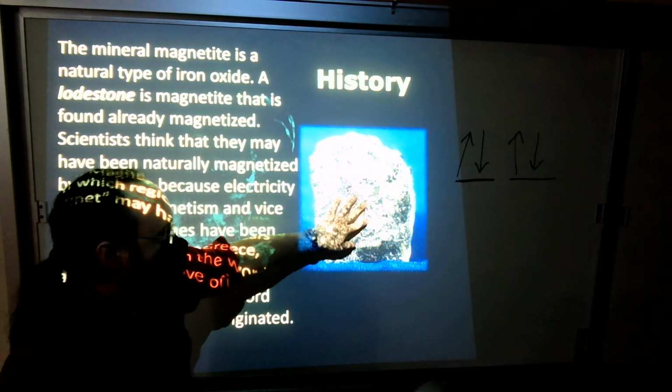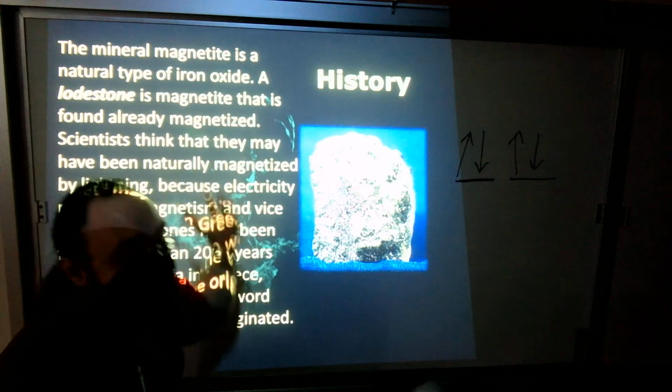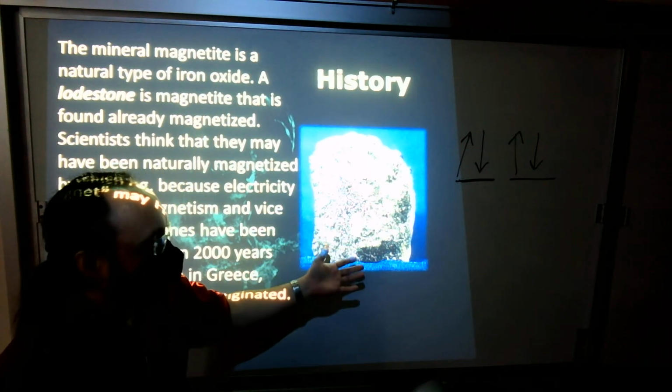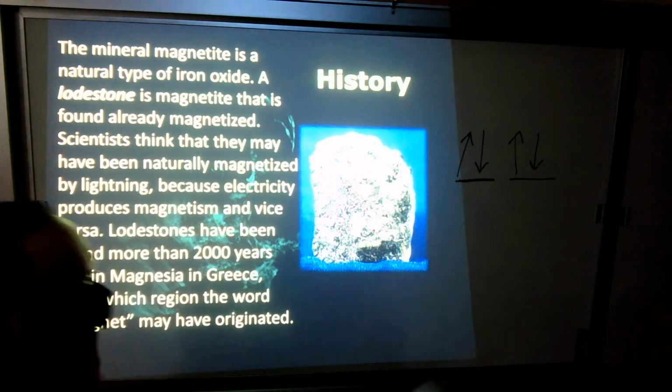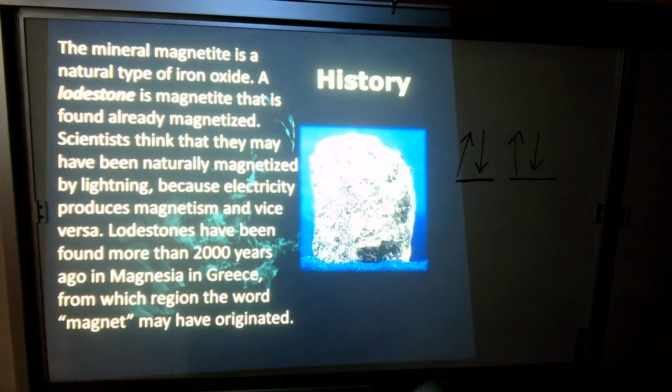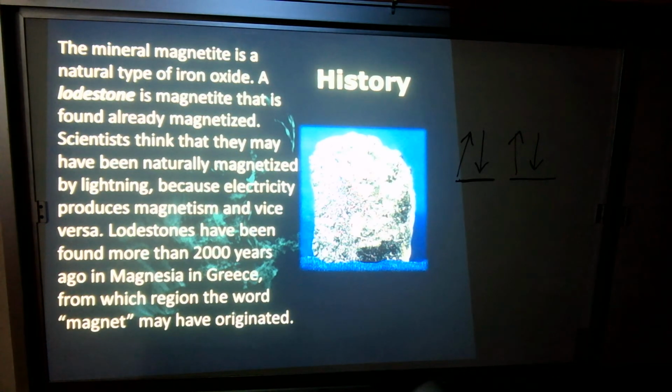It's called magnetite though because it can be magnetic, but when you find it, it's not normally magnetized already. However, some pieces of magnetite are found magnetized already. Scientists think that it's probably like it got struck by lightning, or lightning struck really nearby, and this is very important for what we're doing.